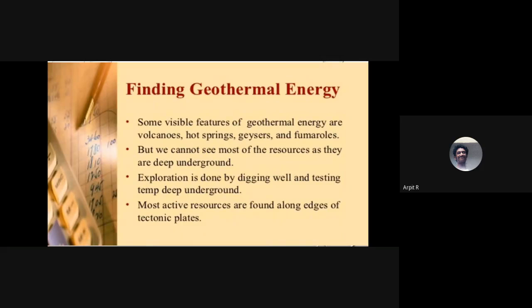Exploration is done by digging wells and testing temperature deep underground. Most active resources are found along the edges of tectonic plates. These resources are deep underground.